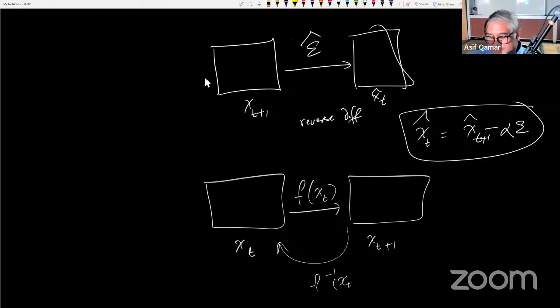So this is like a reflection of that approach. You basically say that I need invertible functions, not using the error loss, but the inverse function.